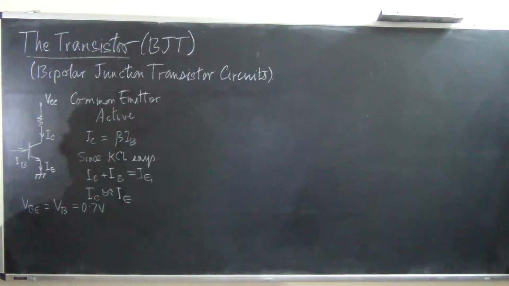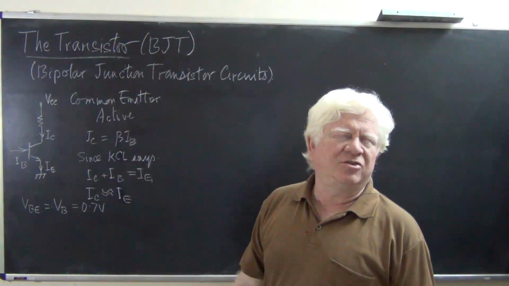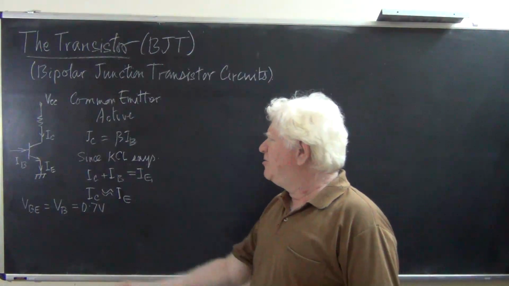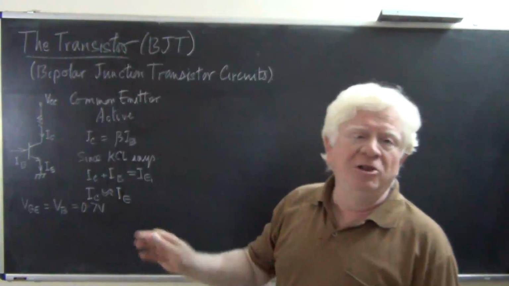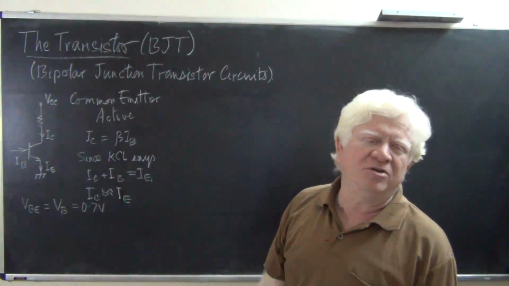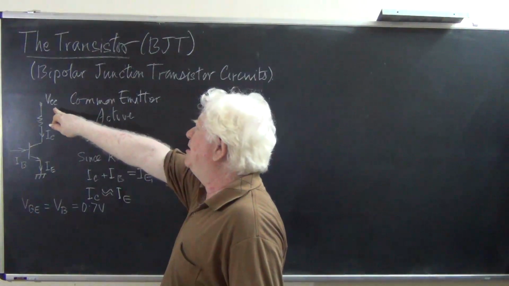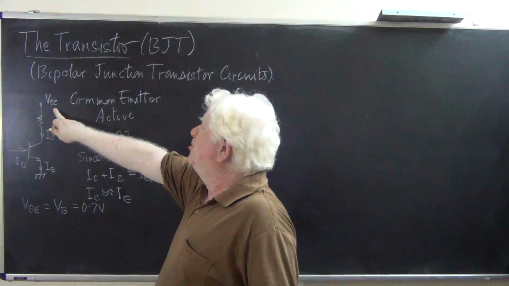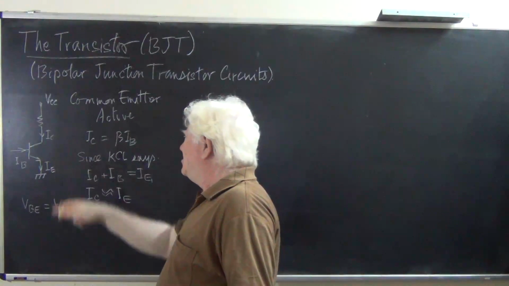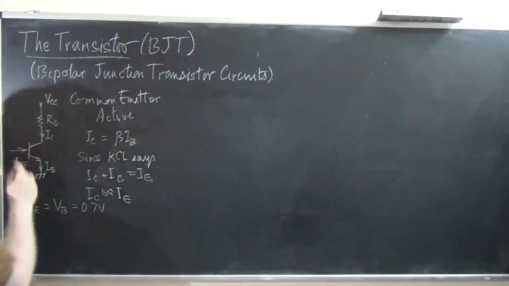Now what is the base voltage with respect to the collector's voltage? That's the next question. We know that if this junction has to be kept reverse biased, then the collector's voltage should not be lower, but it should be higher than the base voltage. What we have built up in the circuit here is we have a supply point called VCC, and from the supply to the collector is a certain resistor that we have called RC, the collector resistance.